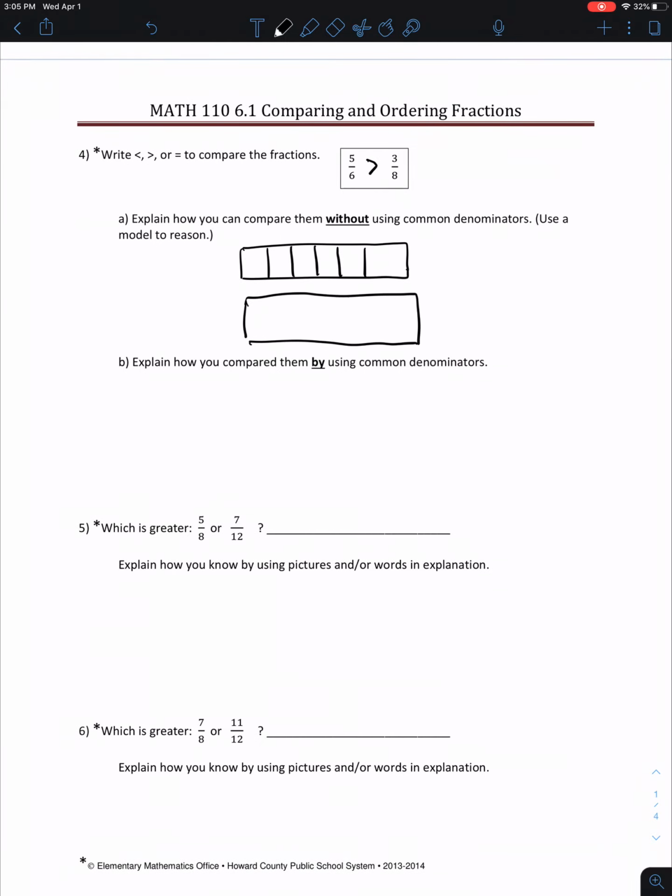Oops, didn't mean to blow it up. 1, 2, 3. 1, 2, 3. So again, the first one, I'm going to shade 5 of these guys, and the bottom one, I want to shade 3. Even though my drawing's terrible, I can still see that the 3/8 is much, much smaller than the 5/6.